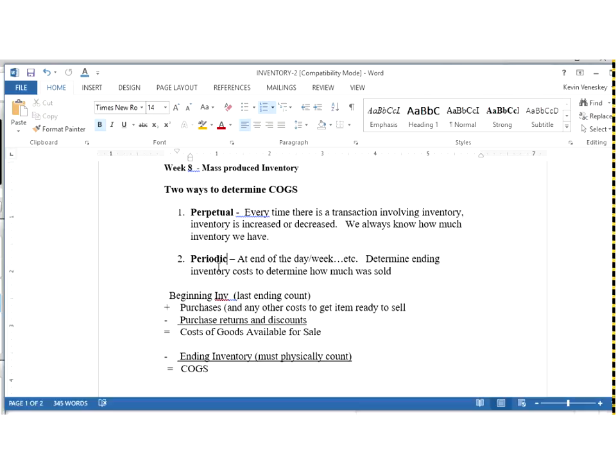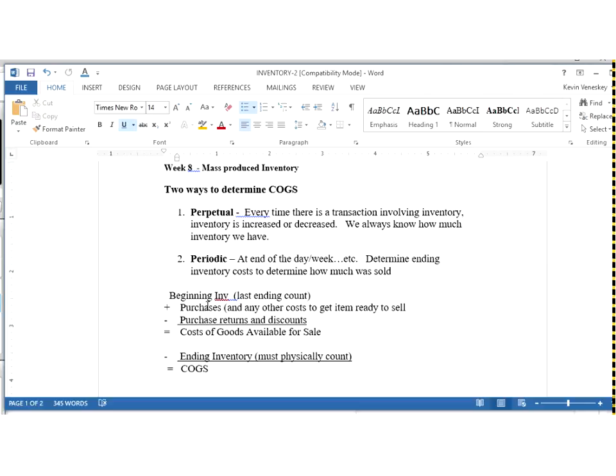So when you're doing the periodic method, the best way to determine your cost of goods sold, since you're not updating it with every sale, is to use inventory as your starting point. And then by using inventory and calculating how much stuff you brought in minus anything that you returned, you can then determine, go back and count how much do you have left and get your cost of goods sold.